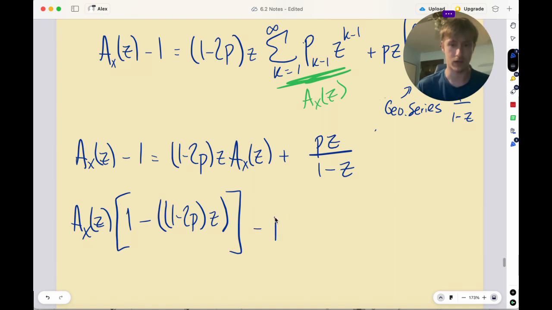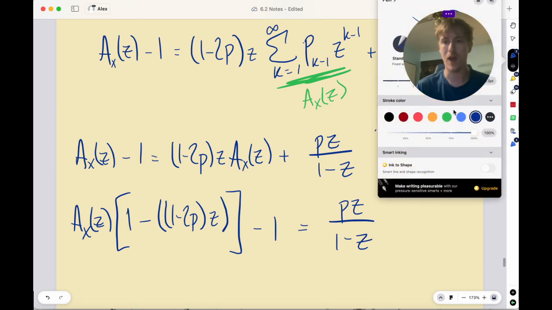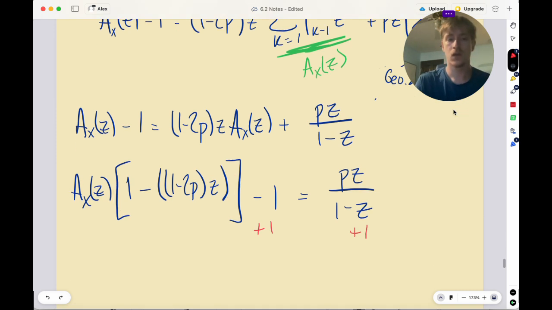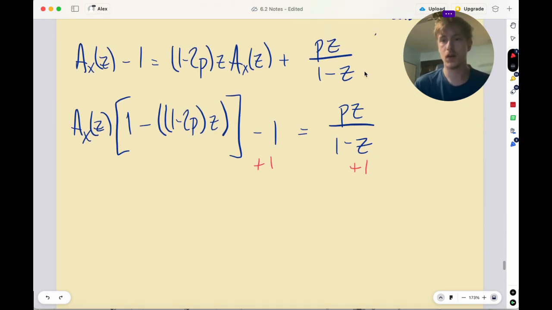Okay, minus 1 is equal to pz all over 1 minus z. Now what I'm going to do is add 1 to both sides, and then divide by the 1 minus 2p times z. All right, so what do we get?